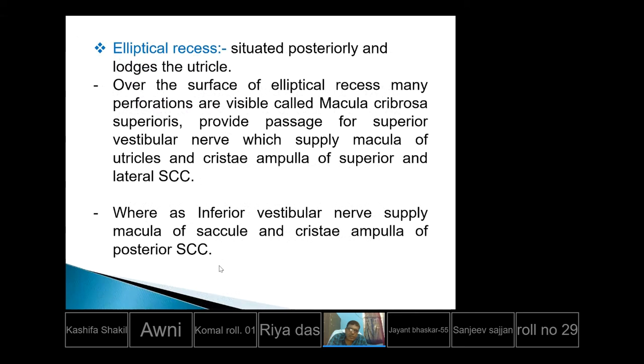Now, the inferior vestibular nerves supply the macula of the saccule. The macula is the neuroepithelium of the utricle and saccule. So the macula of the saccule and the crista ampullaris of the posterior semicircular canal receive supply from the inferior vestibular nerves.